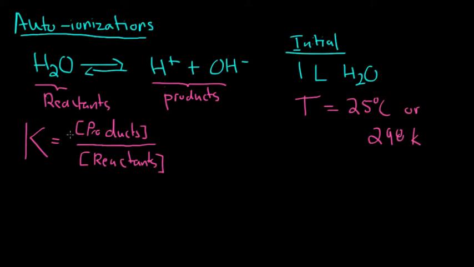If I see a high K, for example, I automatically know that that's due to the fact that I have a lot of product. And if I see a low K, I automatically know that it's because I don't have that much product. So let's figure out our K. K is calculated by the concentration of the products and the concentration of the reactants.